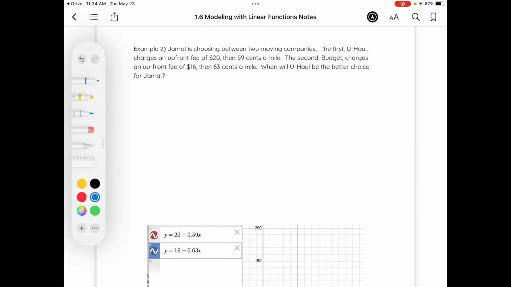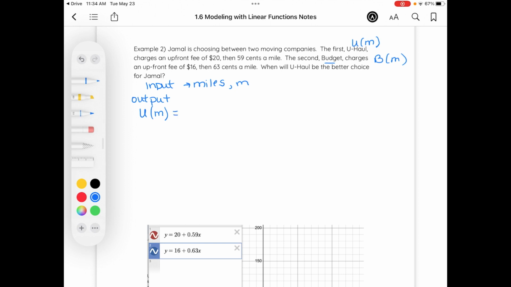All right, so if we're thinking about input, we are inputting the independent variable, which in this case is miles. And let's represent that by M. And our output is going to be the value depending upon if we have U-Haul or Budget. So I'm going to say U-Haul is U of M. And then we'll let Budget be B of M, dependent upon miles.